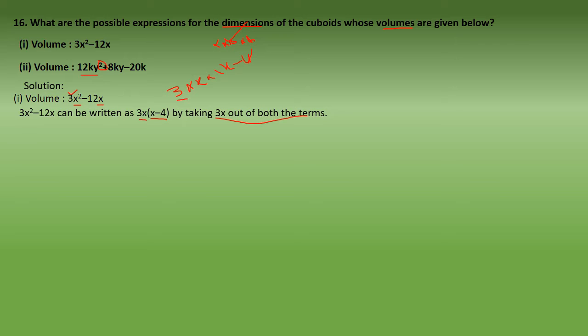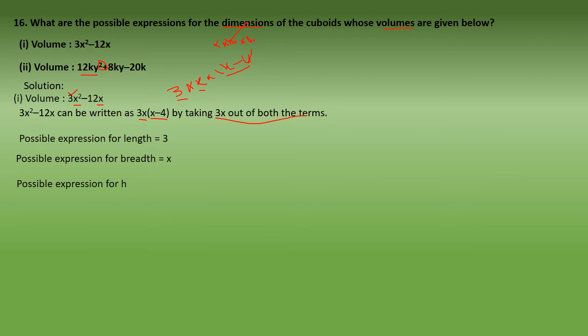So the possible expression for the length is 3, the possible expression for the breadth is x, and the possible expression for the height is x minus 4. This is the answer of our first subpart.